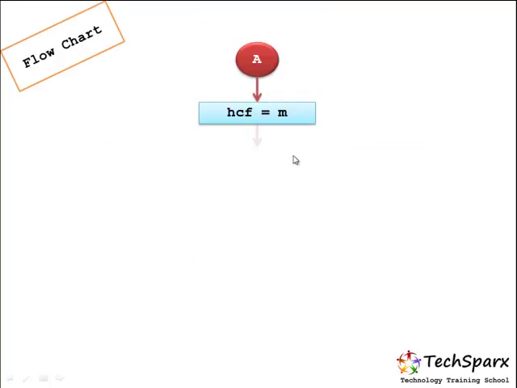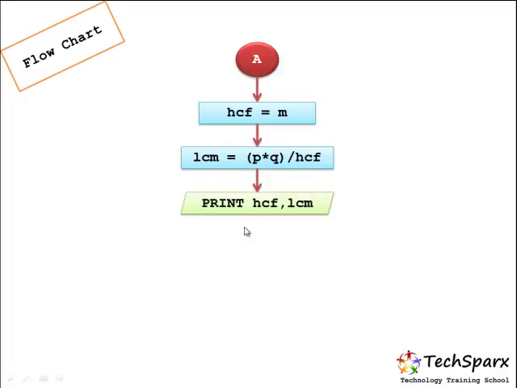P and Q. The product of the original numbers divided by HCF will give me my LCM. So if my original numbers were 6 and 10, 6 into 10 is 60. 60 divided by HCF, HCF would be calculated here, that is 2. 60 by 2 will give you 30, and 30 is my LCM.